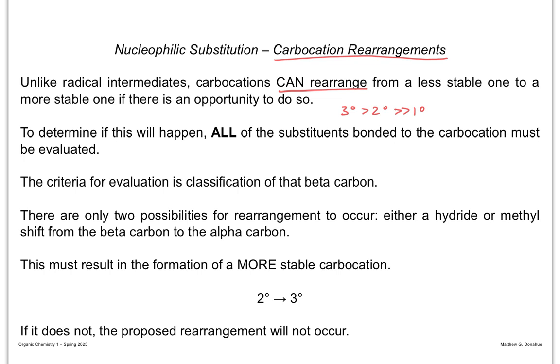So say we have a carbon bearing a leaving group. I'm going to refer to that as the alpha carbon. And then the next carbon is the beta carbon. But that can sprout off into 3 different paths.